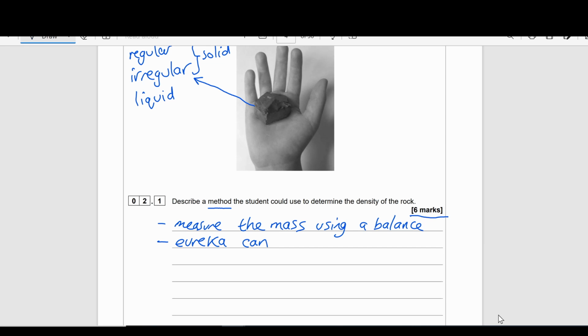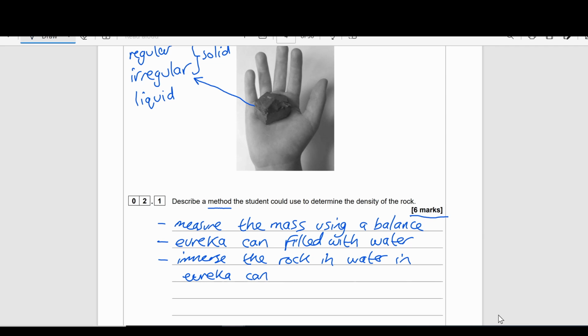What we want to do with this eureka can is fill it up with water. Once we've filled it up with water, we can then place our object into the eureka can. We want to ensure that the object is fully placed in the can, so you can say immerse the rock in water in the eureka can.